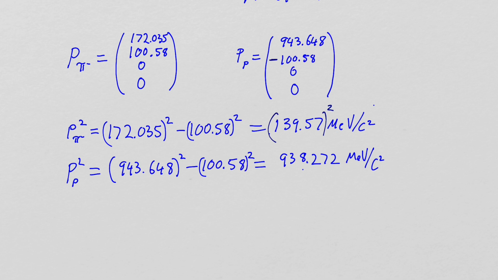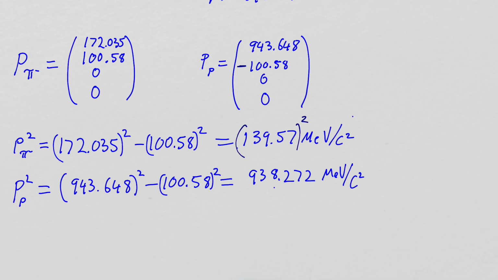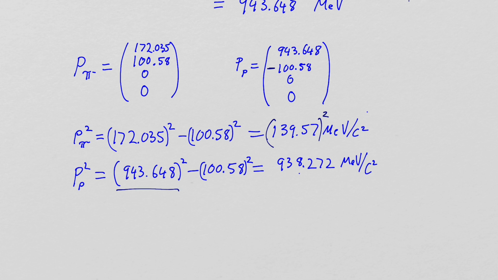The square root of it will be 139.57, which is exactly the mass of the pion. So that checks out. And likewise, it checks out also for the mass of the proton. There's really no reason why it wouldn't, right? I am reintroducing the MeV over c squared terminology. And so there is the answer.